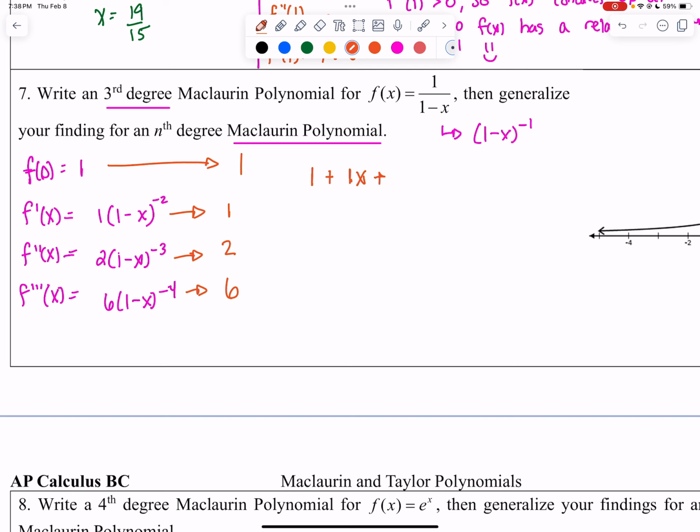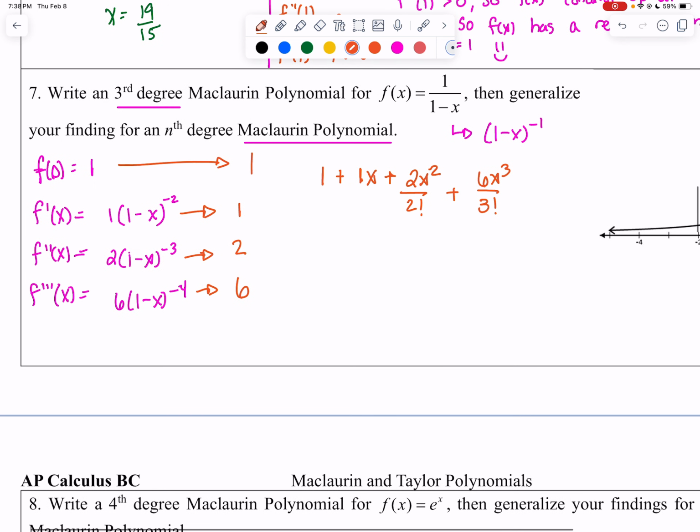Then I'm going to have 2x squared over 2 factorial. And then 6x to the third over 3 factorial. Now, I'm going to go ahead and simplify this so that you could see what's going to happen. I have 1 plus x plus x squared, and 6 over 3 factorial, I have x to the third power. Interesting.